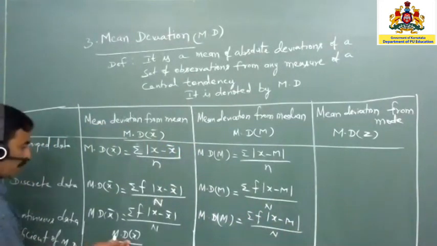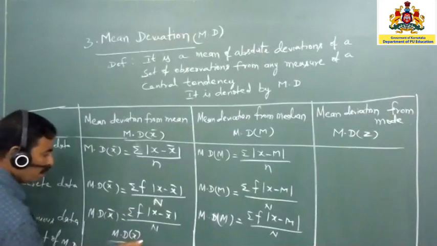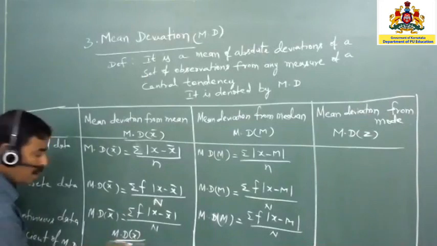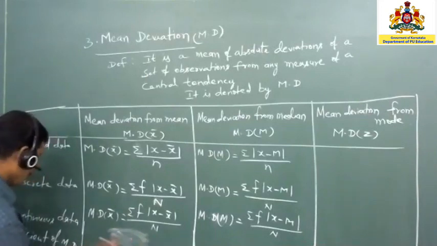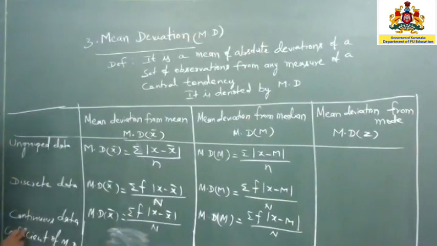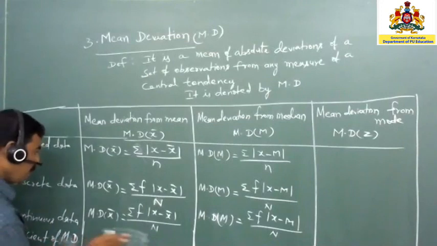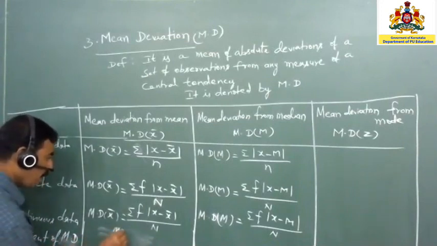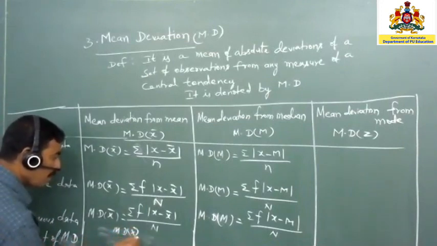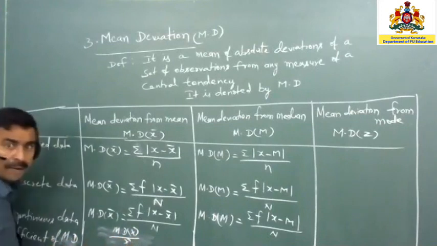Coefficient of mean deviation from mean is mean deviation from mean by mean.